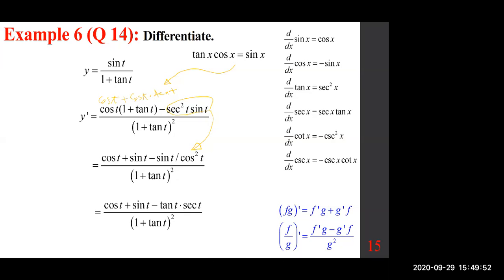I'm not too sure if it really makes that much of a difference, but I'm going to quickly show you what I mean by that. The bottom line is this piece will change to this. Does it really matter that much? Probably not. How does it change? This is sine t, this part, I'm going to write it here.